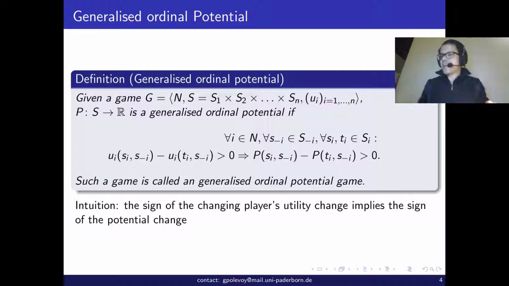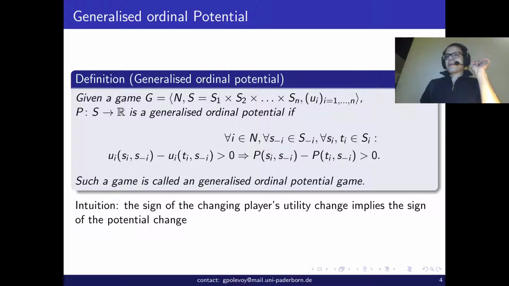So it's not the same, but if player i increases her utility by changing from t_i to s_i, then the potential function also increases when the profile changes from (t_i, s_{-i}) to (s_i, s_{-i}).